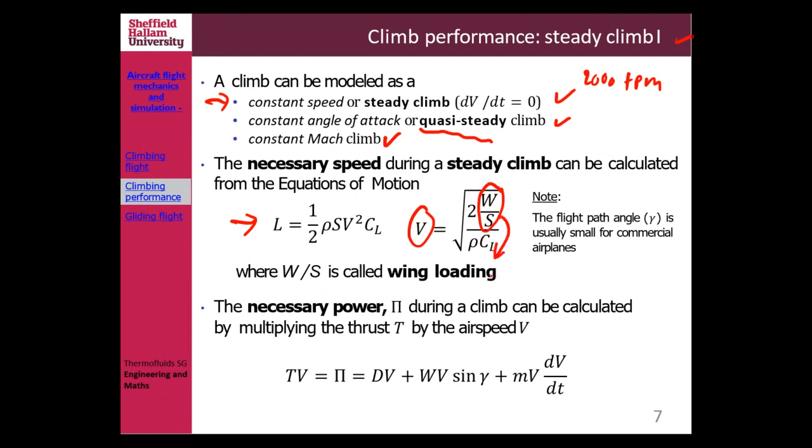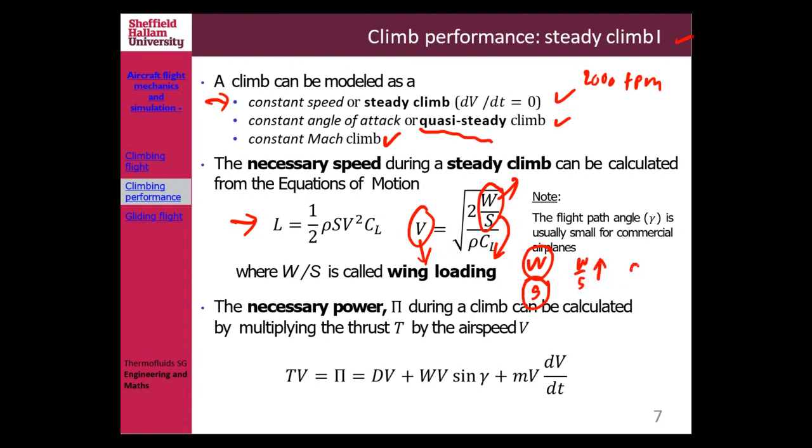I have already introduced you to this term, which is the wing loading in your aircraft design. This is quite important in terms of design. So if you want the climb performance to be good, or you want that big, then you want the wing loading to be big too. For a given weight of your aircraft, you want to make S as small as possible, right?